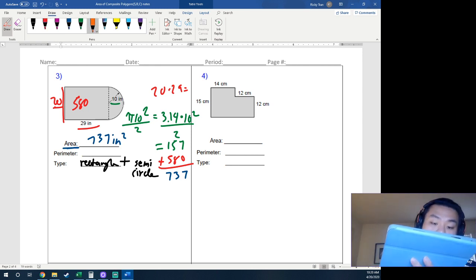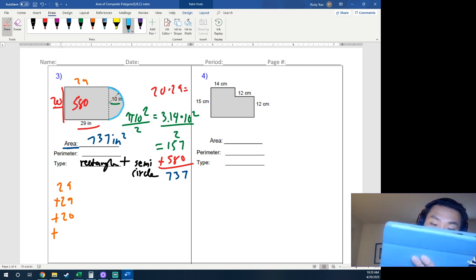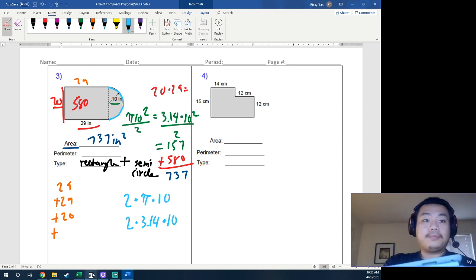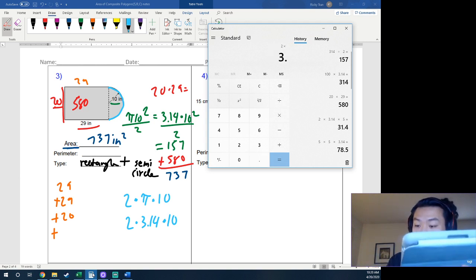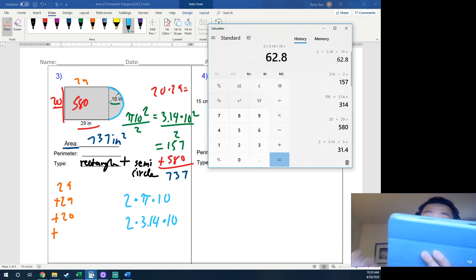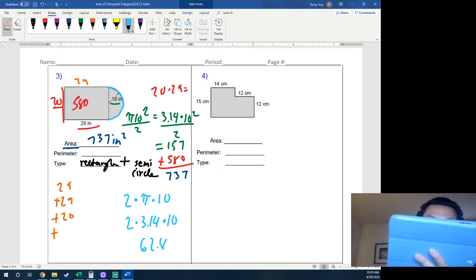And then perimeter, we're just gonna find half the circumference and then add the sides. So right here is 29 inches as well. So we have 29 plus 29 plus 20 plus whatever half the circumference is. The circumference is 2 times pi times 10, or 2 times 3.14 times 10, which is 62.8.